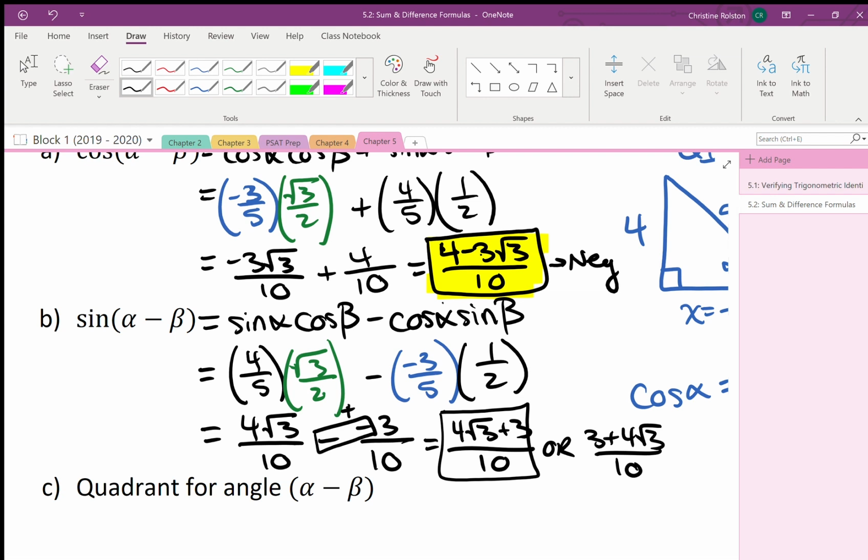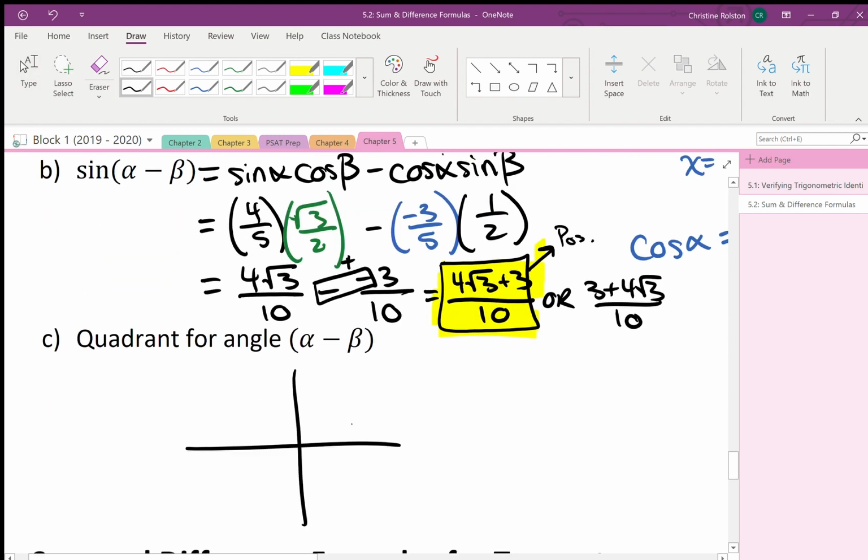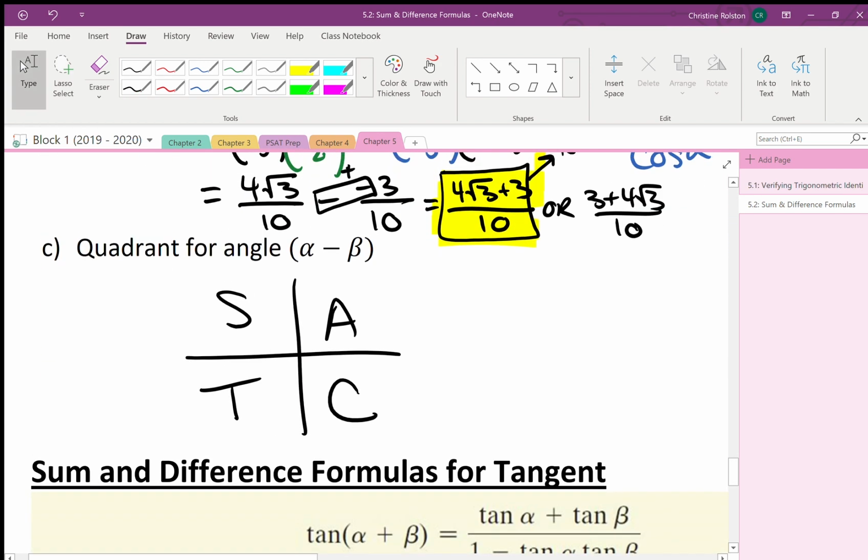It's going to stay positive. So, our answer here is going to be positive. So, when it comes to figuring out the quadrant, cosine is negative, and sine is positive. So, we got to be in quadrant 2.